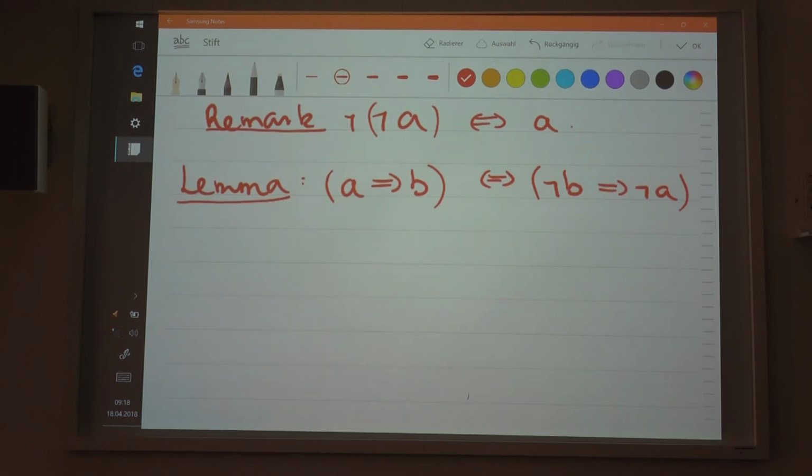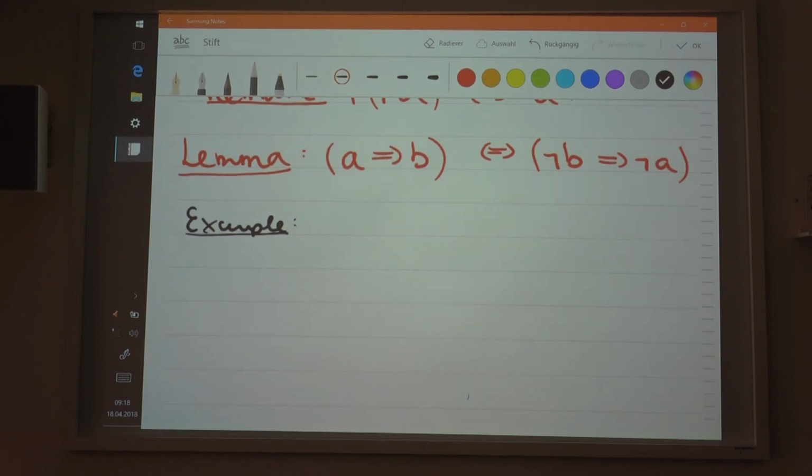You understand? So let me go back to the example that we were considering before, just to demonstrate this, so you see the equivalency, because it's very easy to prove. I take the example with the divisibility. Let's consider that again. If a number is divisible by 6, then it's divisible by 3.